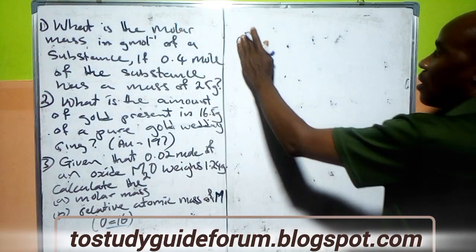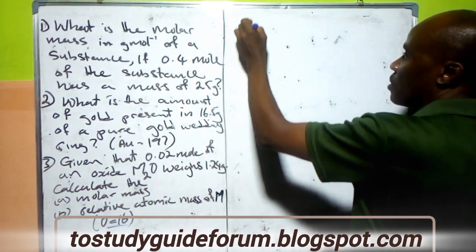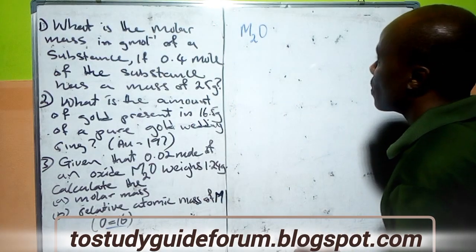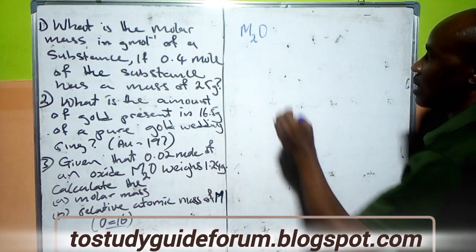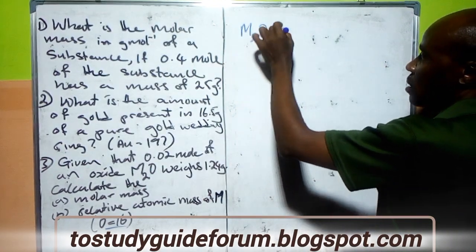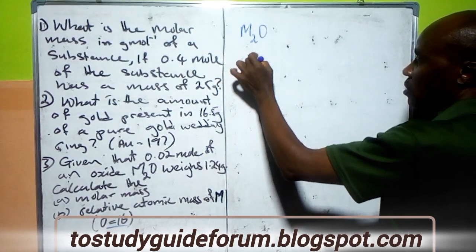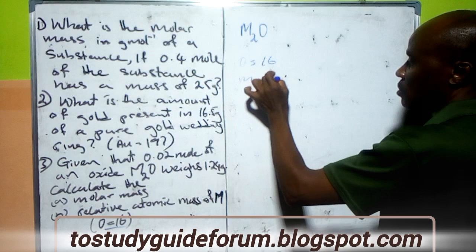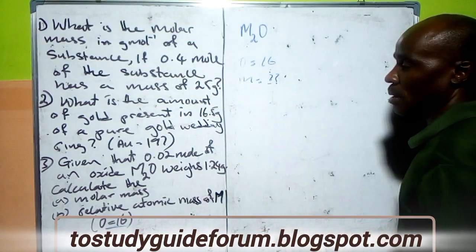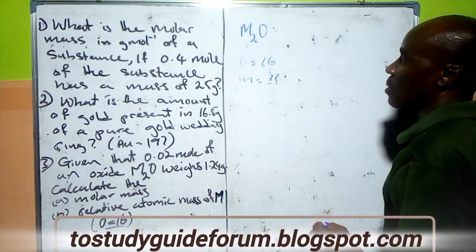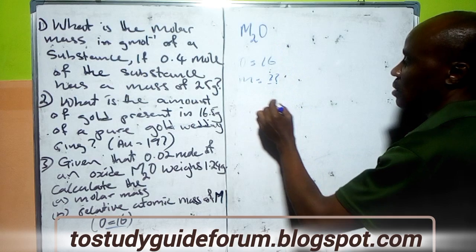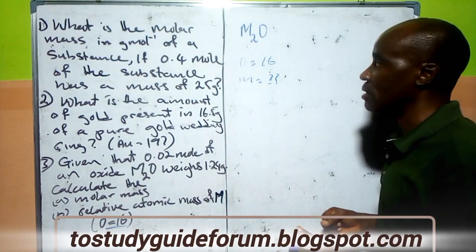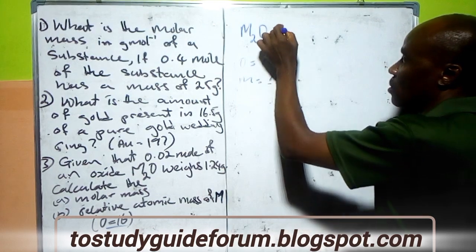We know that oxygen is 16, and M is what we don't know. We put a question mark. Now, if we are calculating the molecular mass, what it will give us is this.